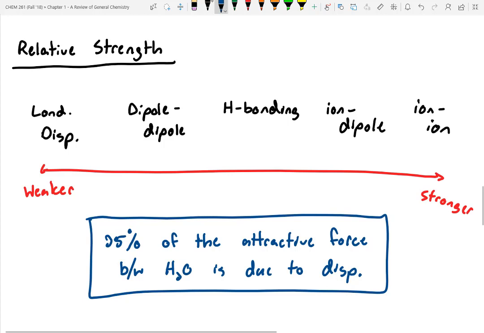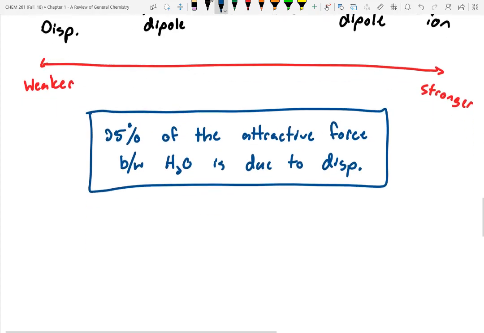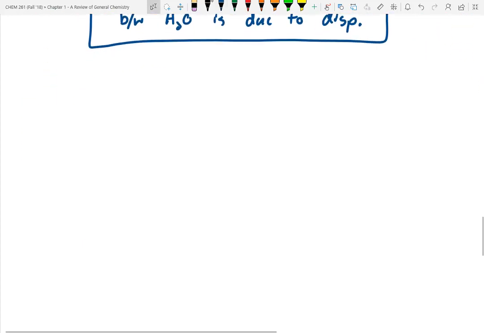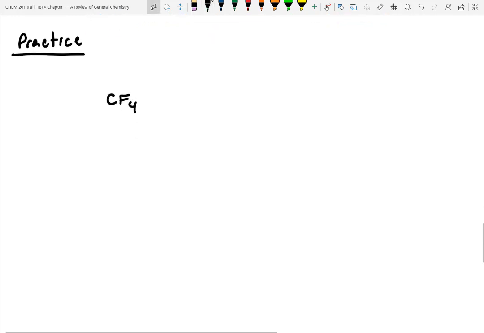All right, so I'm going to give you a couple of practice problems here, and I want you to help me predict which one will likely have the higher boiling point. We'll do CF4, carbon tetrafluoride, versus CCl4, carbon tetrachloride.